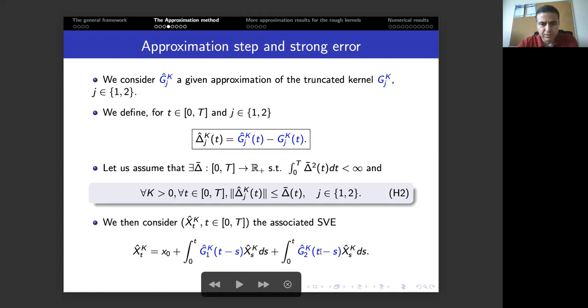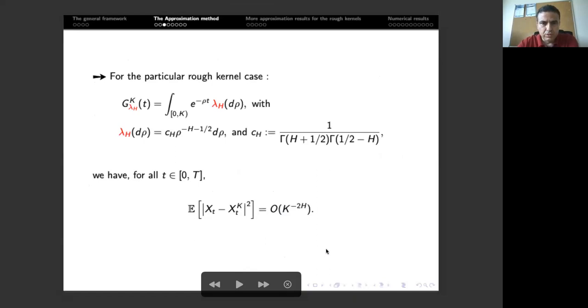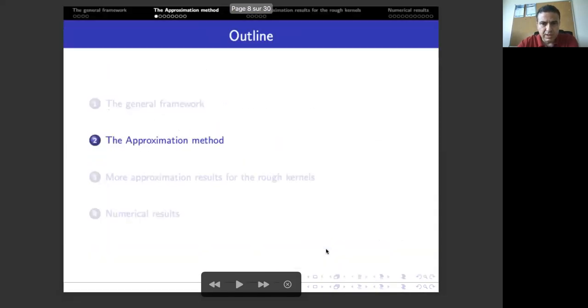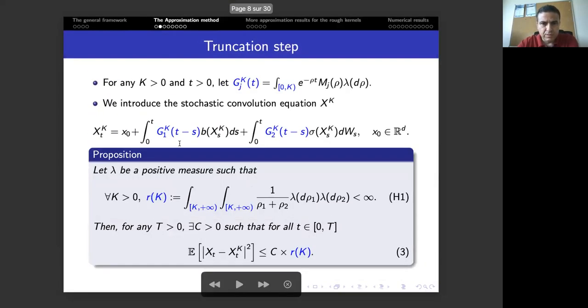Sorry for the typo. So you have to imagine that you simply take this stochastic equation, and here you replace gk by g hat k, g1k by g1 hat k, and g2k by g2 hat k.